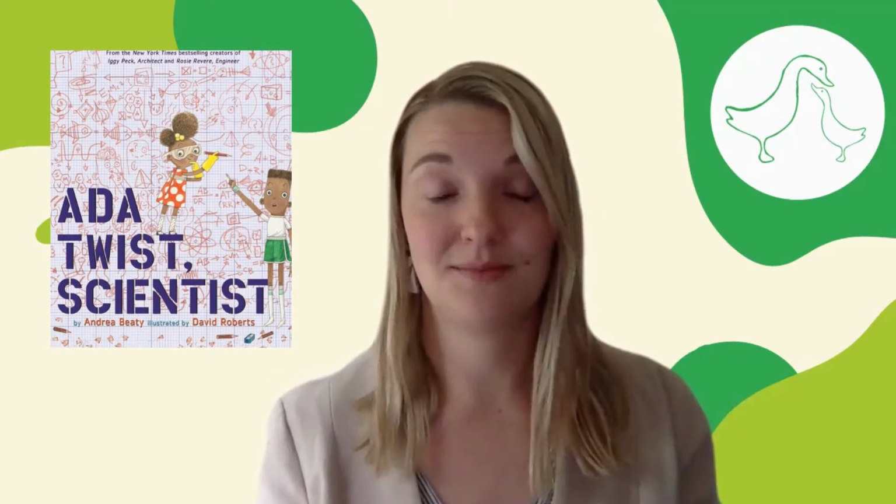their results. So for the beginning of the activity, you can either get the book Ada Twist, Scientist from your local library, or you can purchase it online at Bookshop, Amazon, or a local bookstore. There's also a really cool online read aloud from an organization called Storytime from Space.